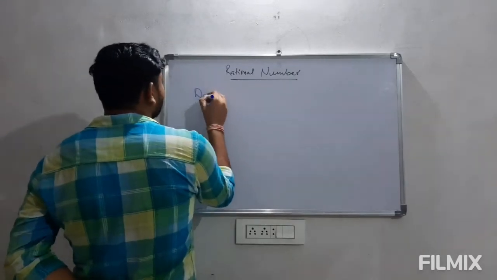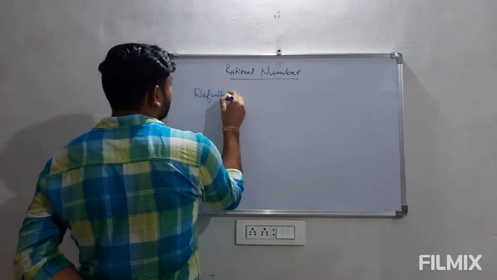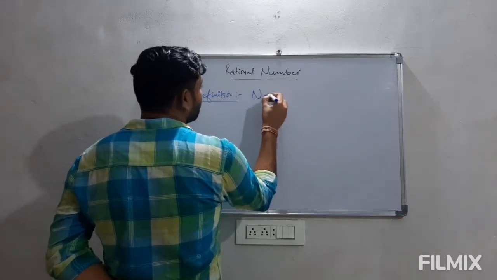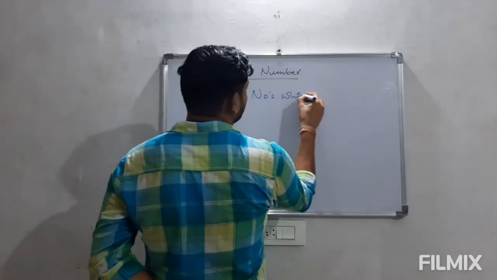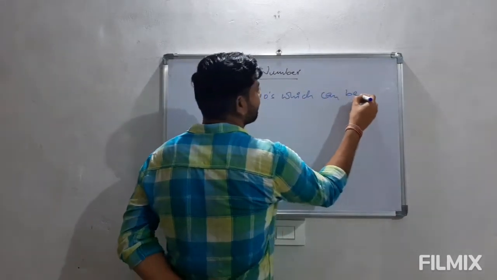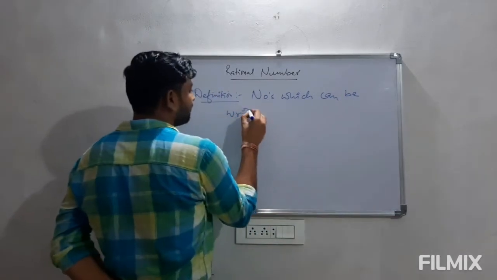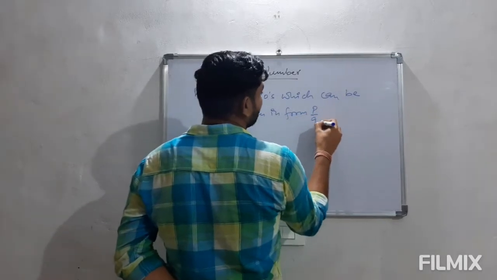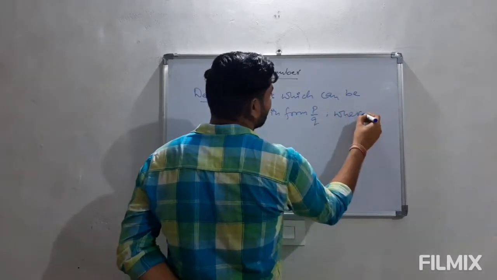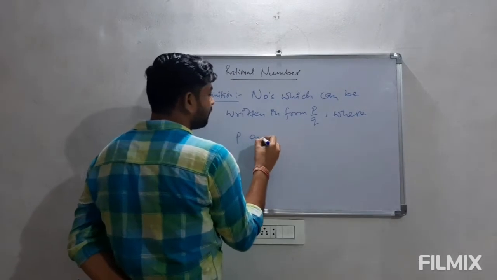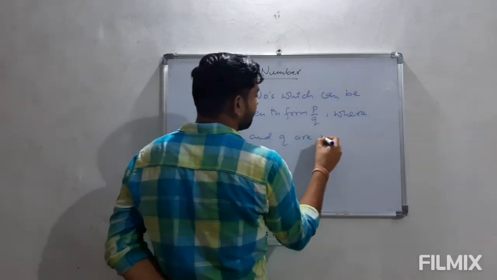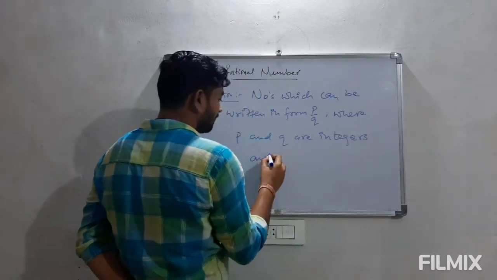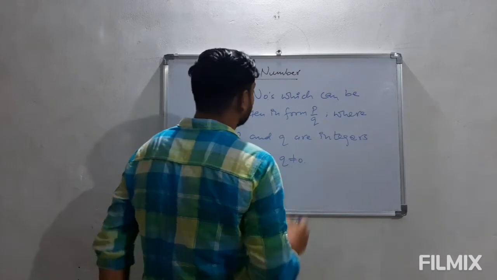The definition is very simple. Numbers which can be written in the form p upon q, where p and q are integers and q is not equal to 0.